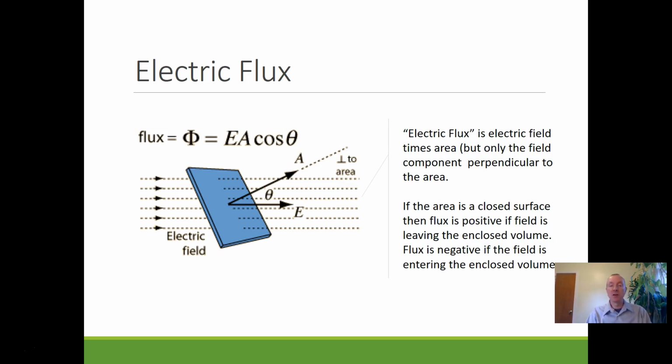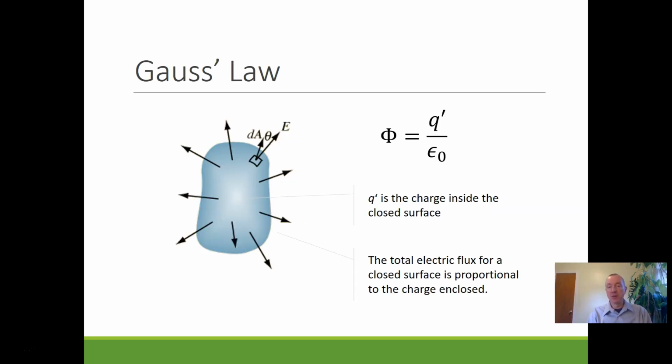But the Gauss's law video does a better job of discussing this. And also the Gauss's law video goes into this theoretical formula, or concept, that net electric flux associated with a closed surface can only happen if there's charge inside.